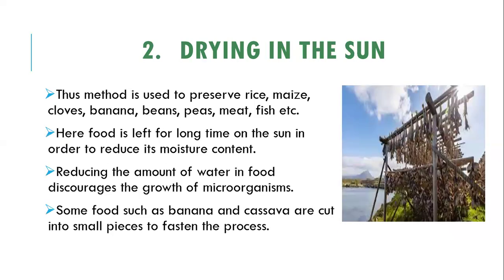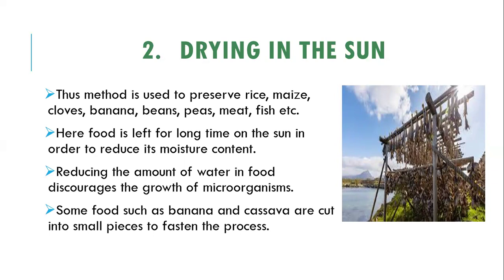The second one is drying in the sun. This method is used to preserve foods like rice, maize, cloves, banana, beans, peas, meat, fish, etc. Here, the food is left for a long time in the sun in order to reduce its moisture content. Reducing the amount of water in the food discourages the growth of microorganisms.